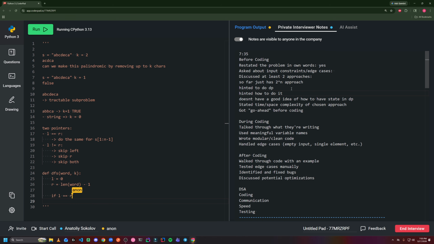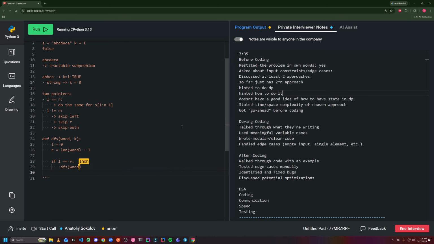If L equals R, I guess I'm writing almost code now, we can do this again. And then I need to keep track of, so I don't need to build the whole word again. I can just keep the left and the right indices. So in this case, we can do both. And then K stays the same because we haven't used up any of our Ks.